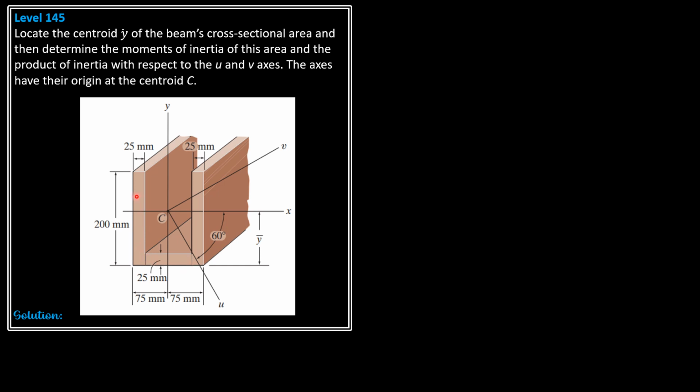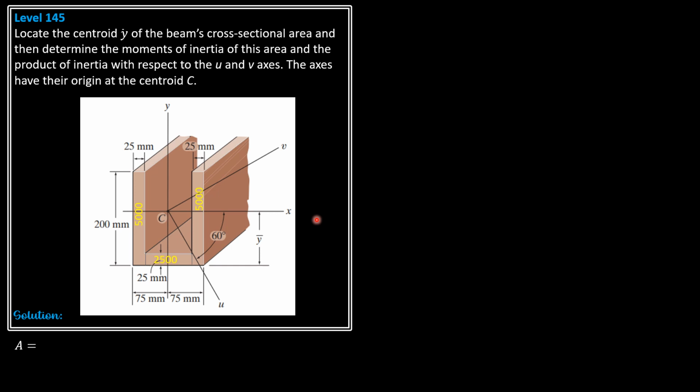The area here is 25 times 200, so 5000. This is also 5000. And this is 25 vertically by 100 mm, as 150 minus 2 times 25 is 100. 100 times 25 is 2500.